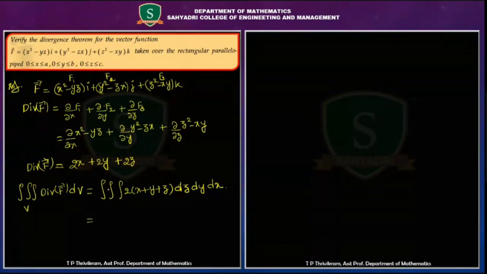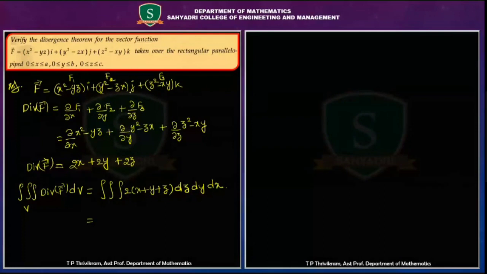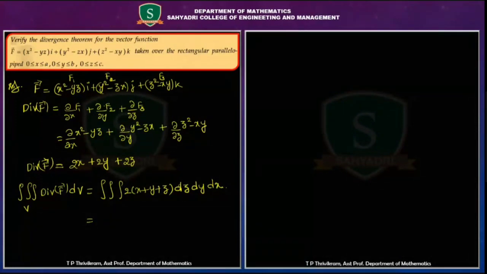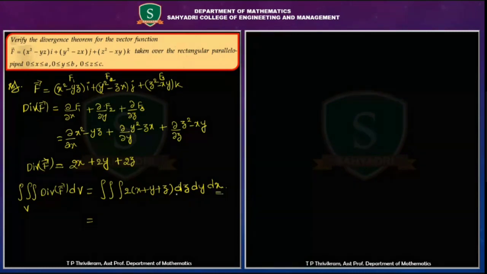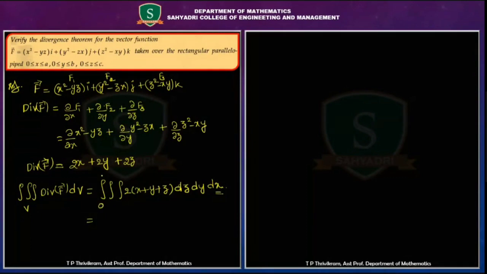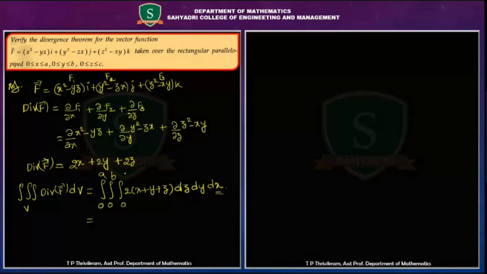What are the limits for x, y and z? Here only they have given in the question. Taken over the rectangular parallelepiped where x ranging from 0 to a, y ranging from 0 to b, z ranging from 0 to c. So last integral is x, that means 0 to a, 0 to b, here 0 to c.